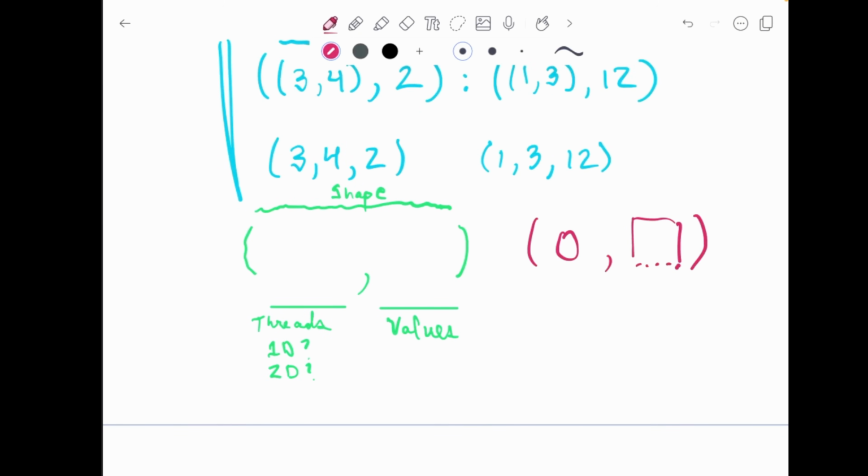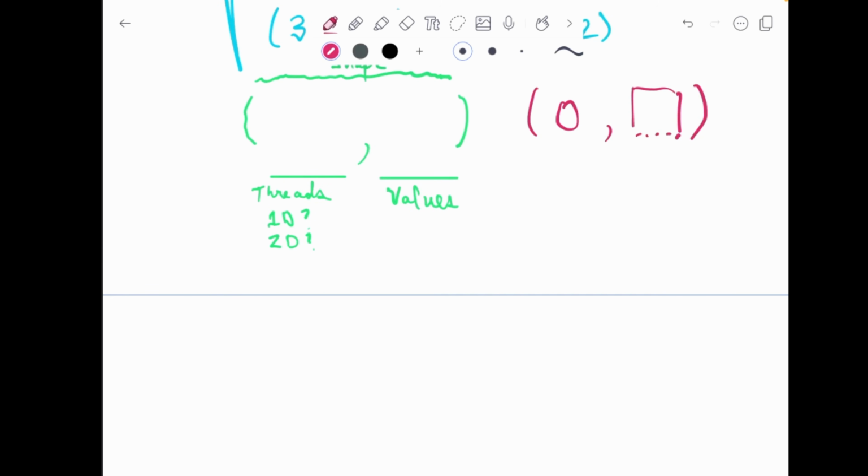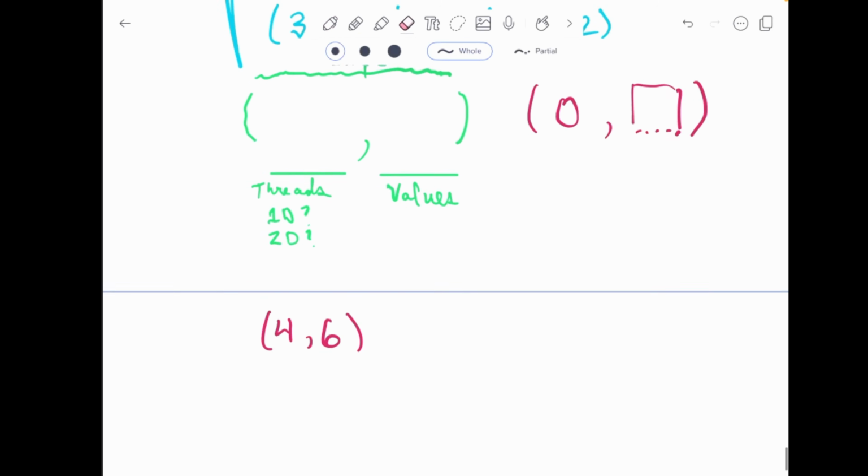So let's make it concrete. Suppose I have a shape that is 4, 6. And let's leave the stride aside, because the stride really isn't relevant here as far as I can tell. This is saying I'm going to have 4 threads, maybe in a tensor core operation that logically has to involve 4 threads.